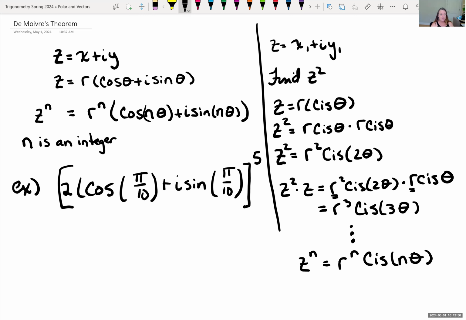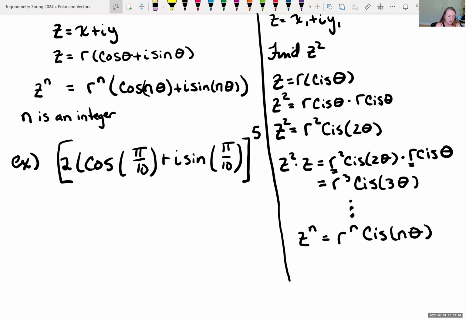So in the example, it says write each expression in rectangular form, x plus iy or yi, and in exponential form. So before we do that, let's perform the operations and then we'll convert it.